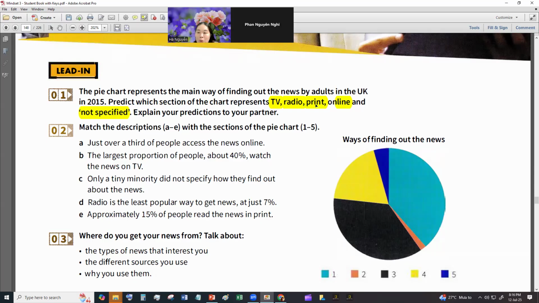So there are 5 categories of ways of finding out the news. 1 is this color, 2 is light blue here, 2 is orange, 3 is black, 4 is yellow, and 5 is dark blue. So can you spend 1 to 2 minutes and guess which section is which?